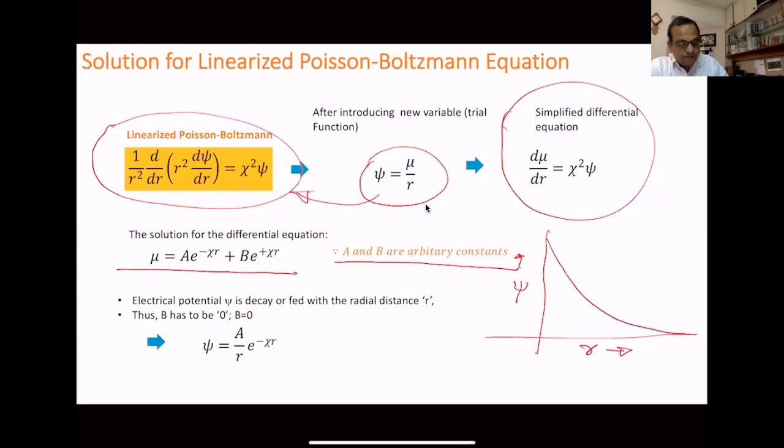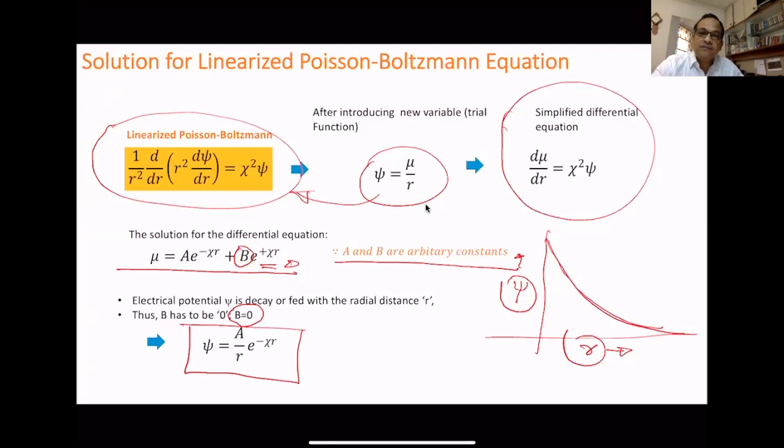If the function behaves like this, b has to be equal to 0, otherwise the function will not behave this way. So we chose b equal to 0, and that's why we got psi equal to a upon r times e raised to minus chi r.